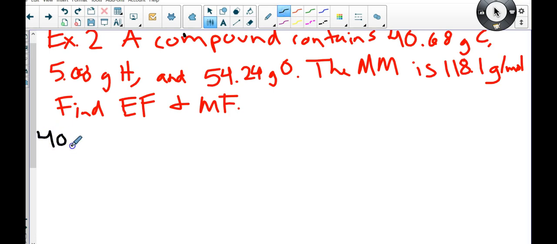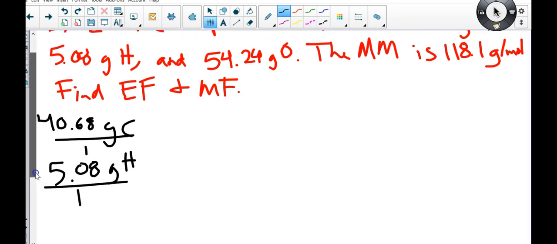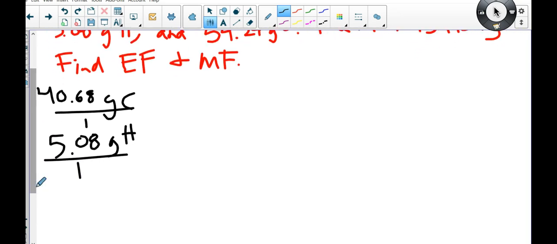So 40.68 grams of carbon over 1. 5.08 grams of hydrogen over 1. And 54.24 grams of oxygen.